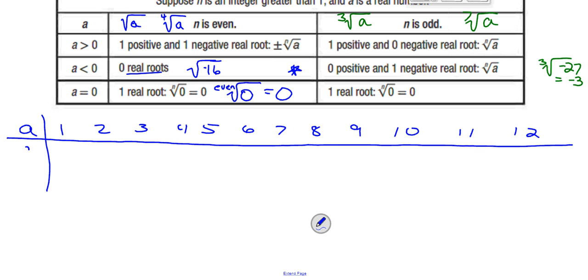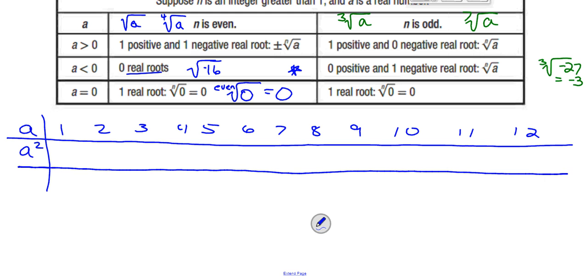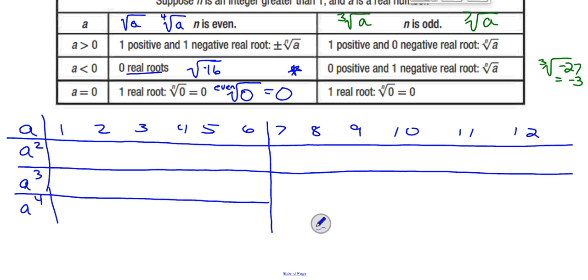And then a squared, I'm going to do all of those. But then for a to the third and a to the fourth, I'm only going to go to 6, just because they get really big and then it's hard to quite know. Just the process of writing those puts in your head what some perfect squares, perfect cubes, and perfect fourth power numbers are.